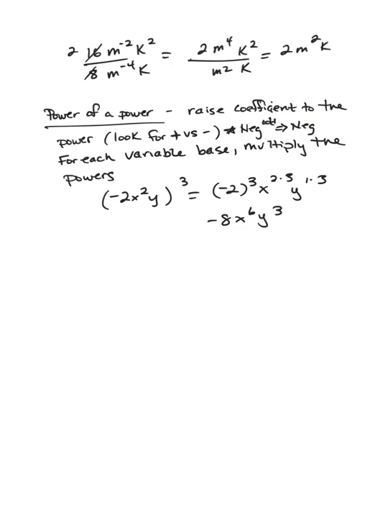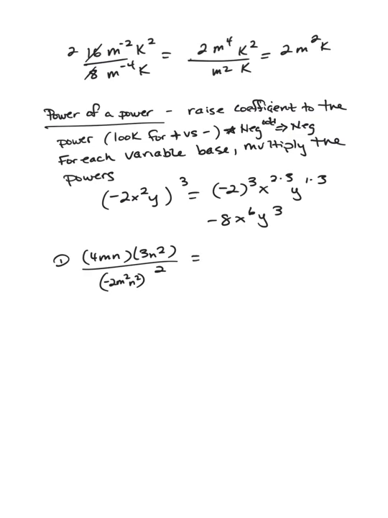All right, so let's take a look at some examples. Example 1, I have 4mn times 3n squared over the square of negative 2m squared n squared. Okay, so you can start it however you want.